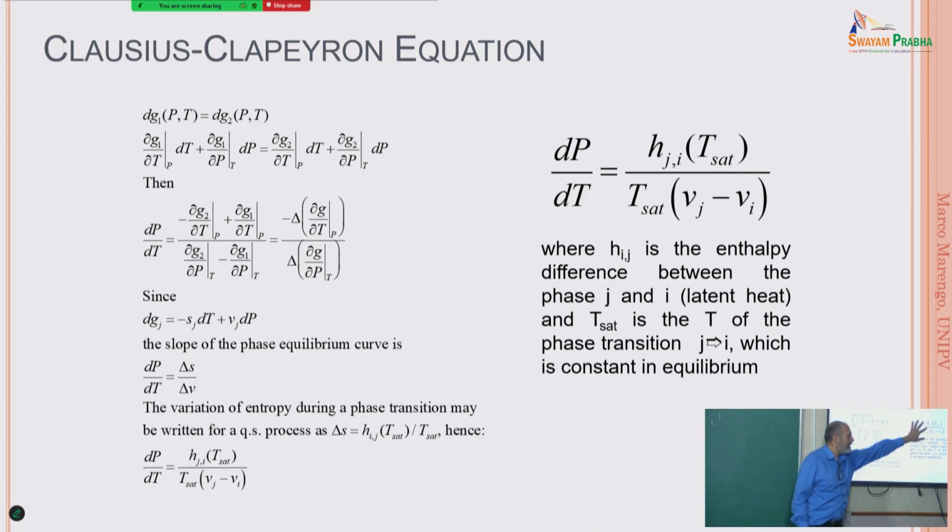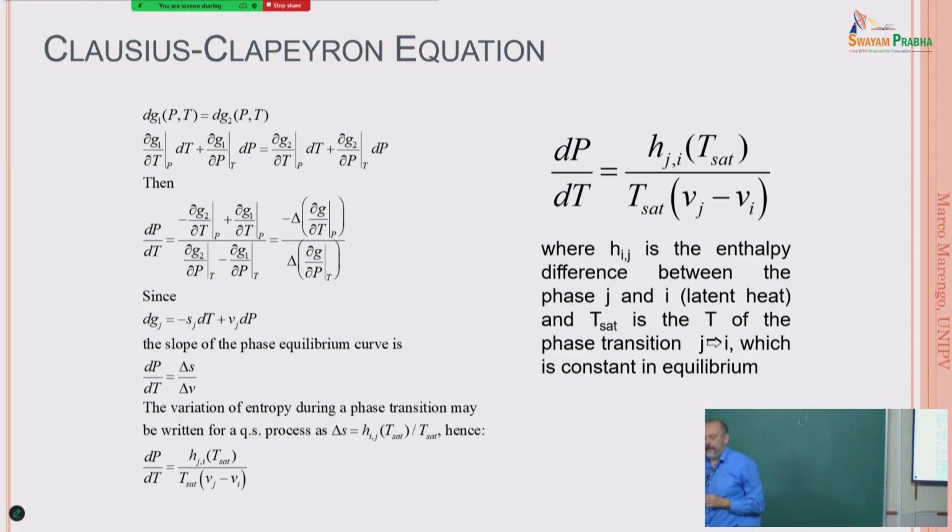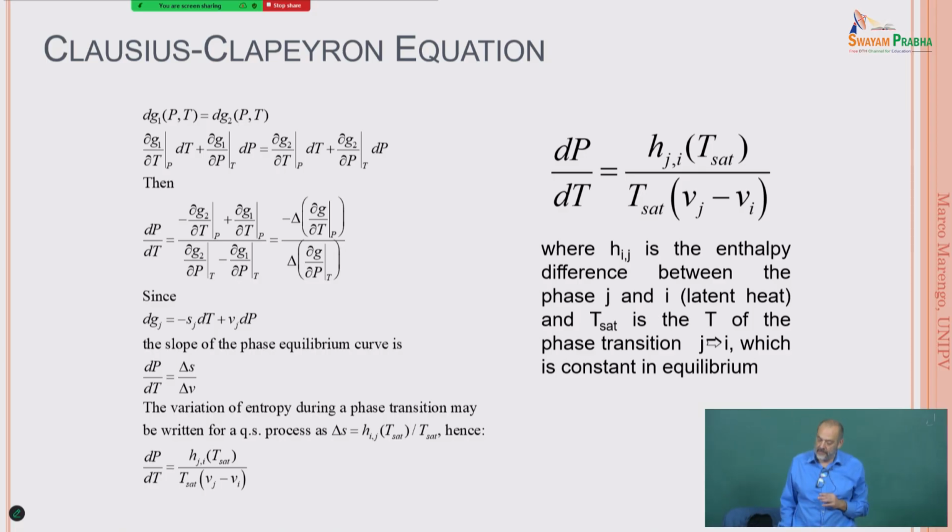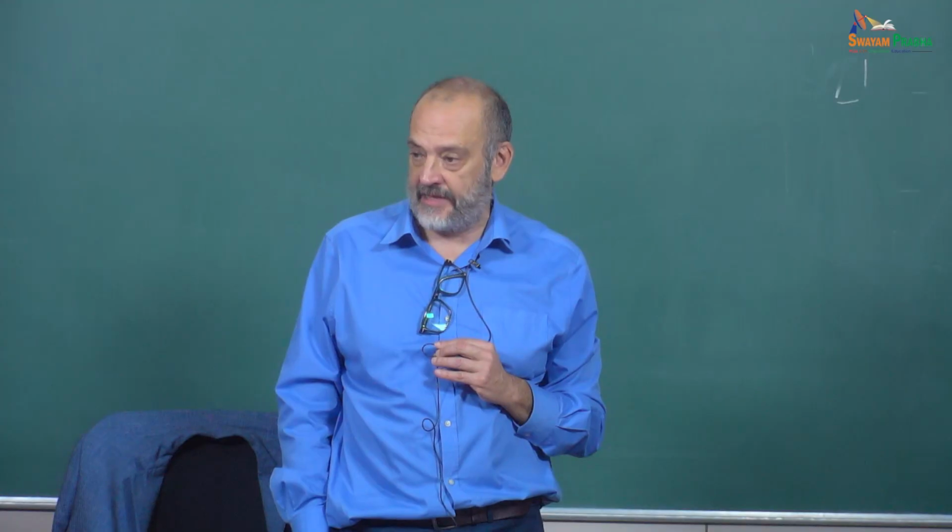So what we have at the end is this expression that says that the variation of pressure with respect to the variation of temperature is linked to the latent heat and the difference between the densities of the two phases, and the temperature at which we are defining the value of this derivative.